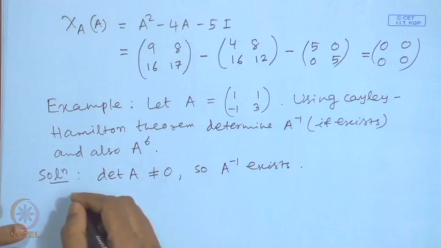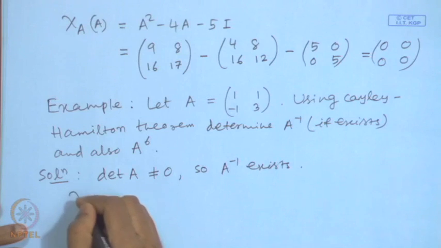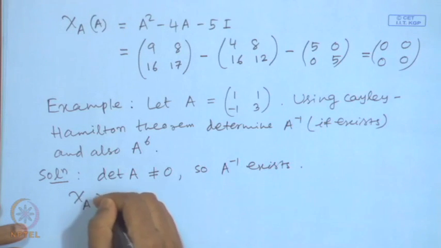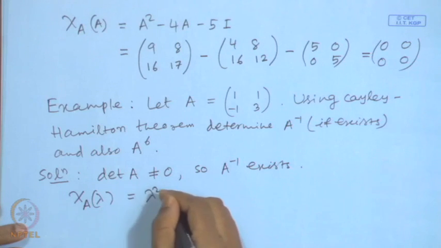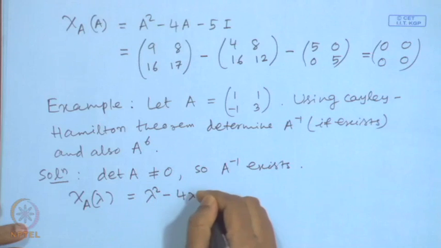The characteristic polynomial of this matrix A is lambda square minus 4 lambda plus 4.